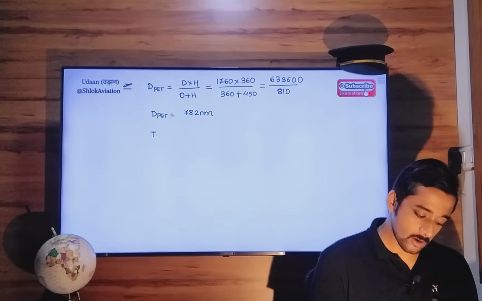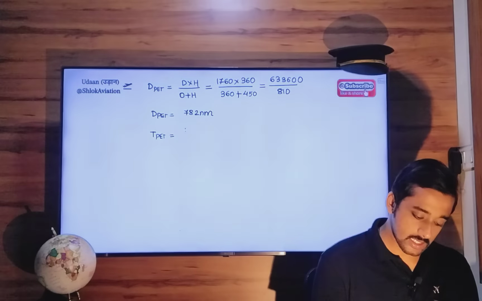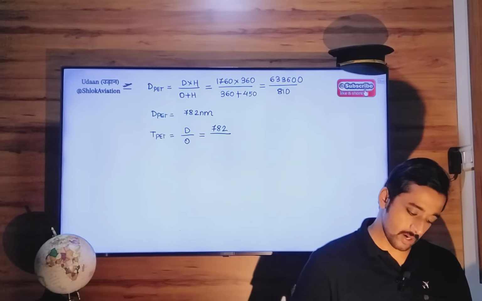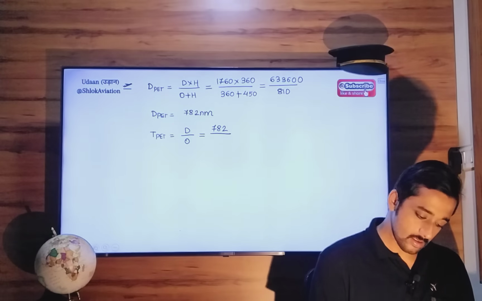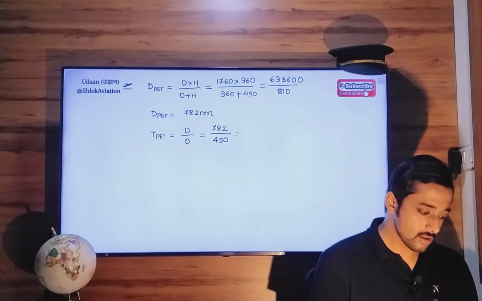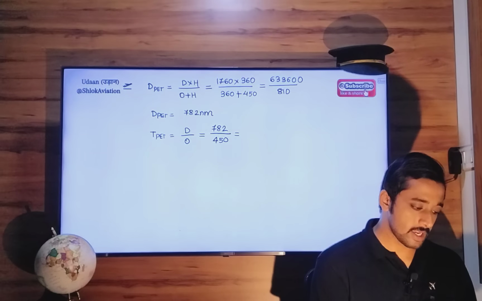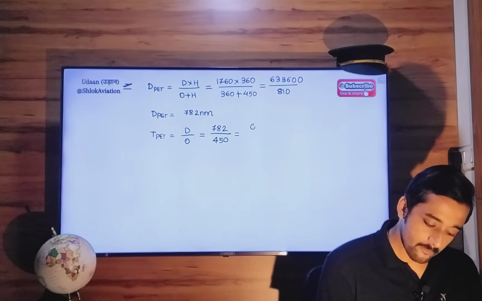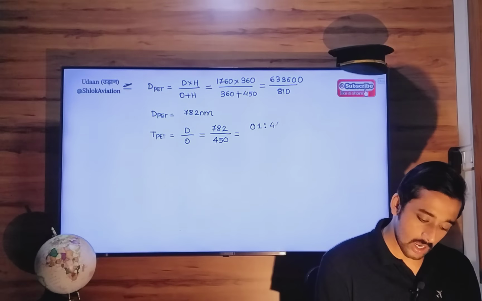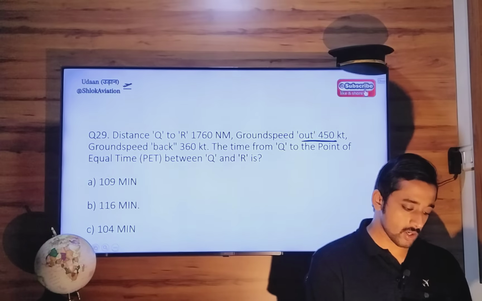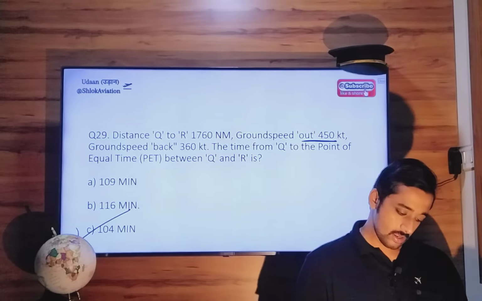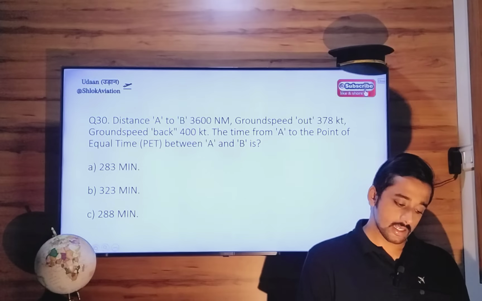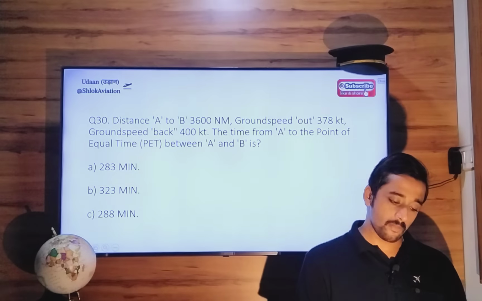So time to point of equal time will be distance divided by outbound speed, 782 divided by outbound speed of 450. 782 divided by 450 is 1 hour 44 minutes, or 104 minutes. Option Charlie. Question 30. Distance A to B, outbound speed, homebound speed.